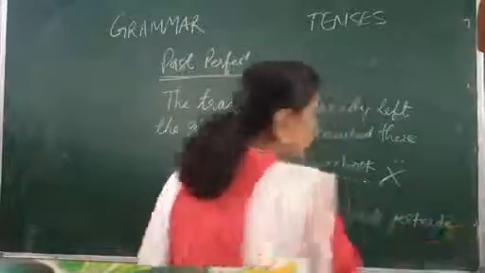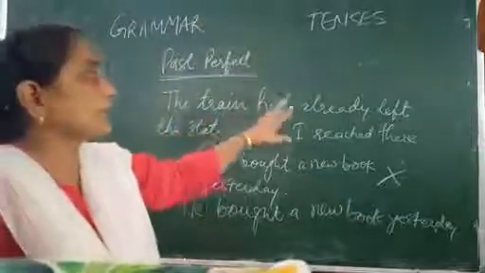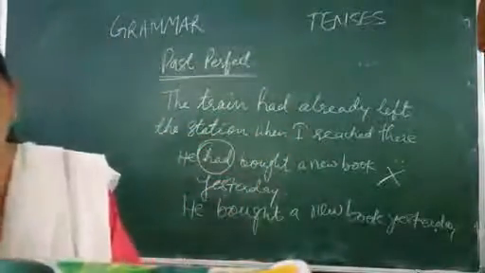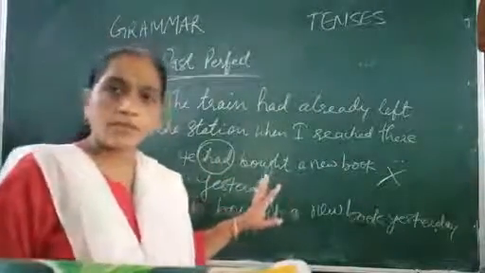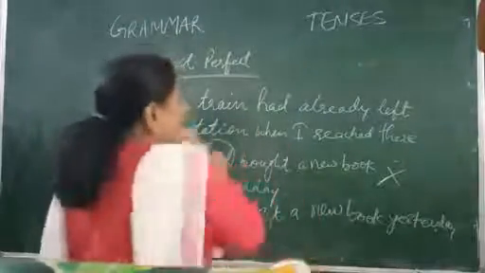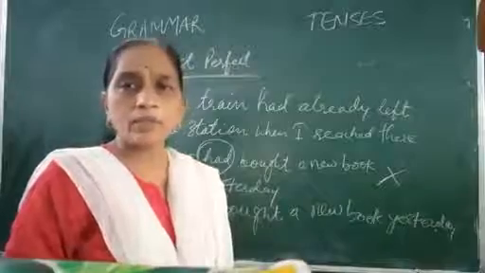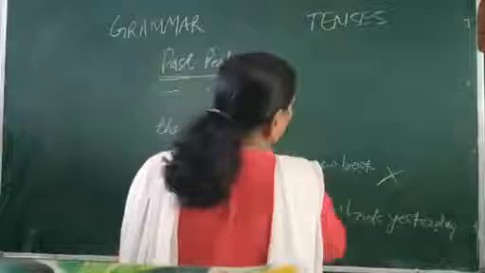So I hope you have understood the difference between the use of had plus verb third form. This tense can never be used to denote a single past action. Fine? Like I had completed my work. It cannot be there. I have completed or I completed my work.